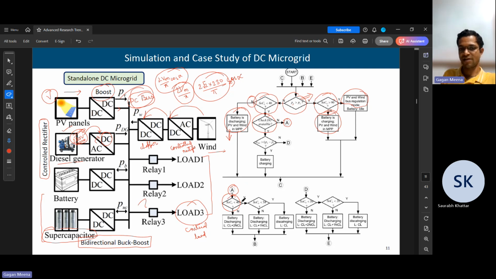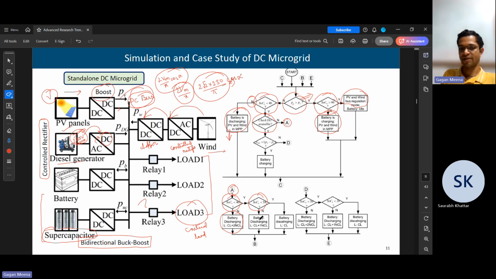If the SOC is not less than 40%, the battery will discharge and meet all the loads, critical as well as non-critical.